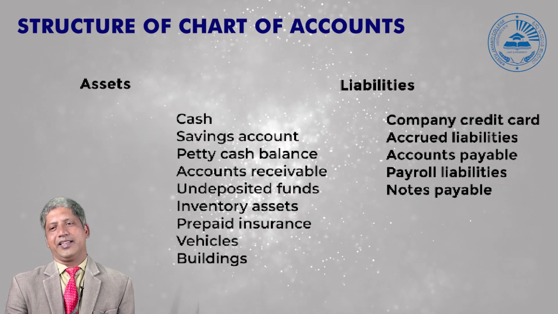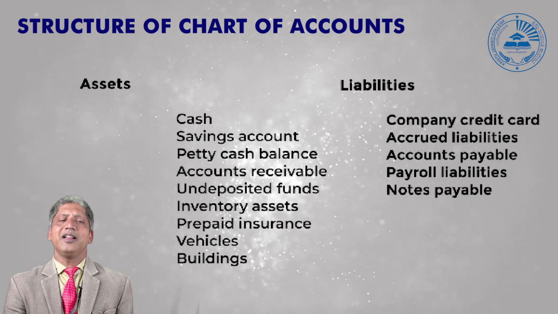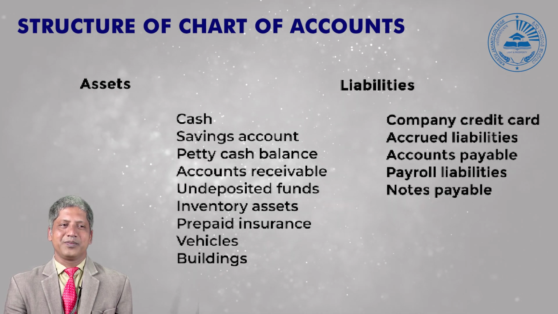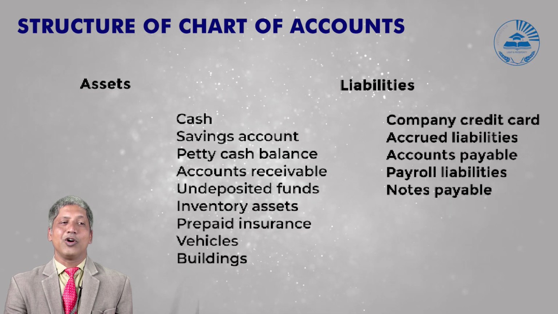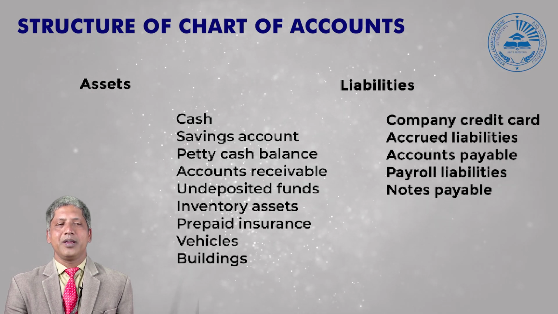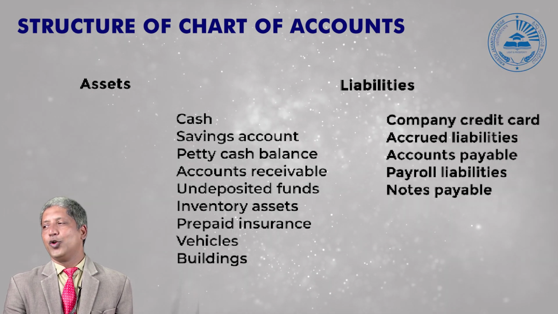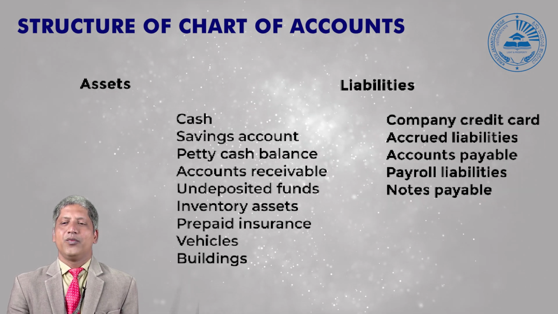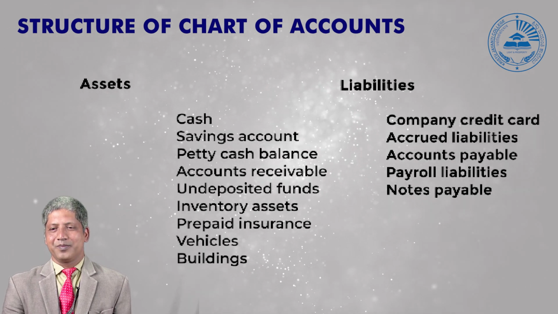The second category is liability. Under liability, the subcategories are company credit card, accrued liabilities, accounts payable, payroll liabilities and notes payable. This is one structure of one company, for example.